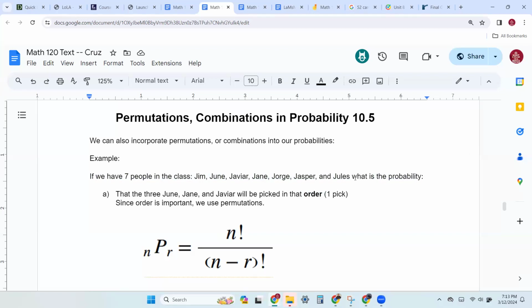So now they're in order. So what we want to use is our permutations. All right. So how are we going to use it? Well, here's what we're going to do.